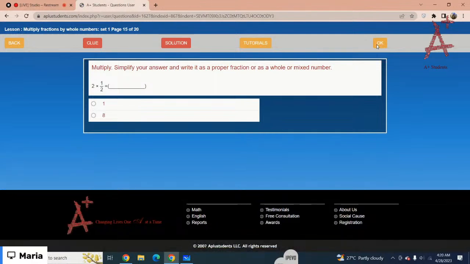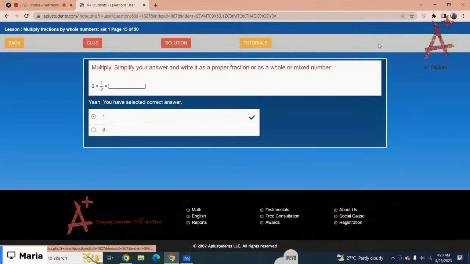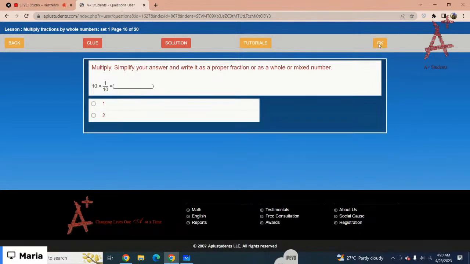2 times 1 by 2. So which is the correct option? The correct option is 1. 10 times 1 by 10.